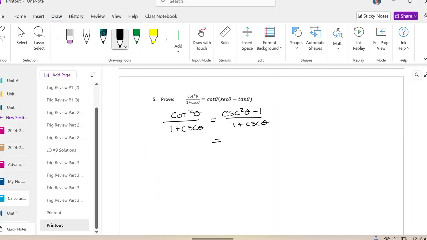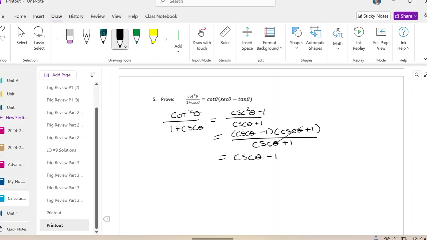When you factor cosecant squared minus 1, well, let's do it this way. Okay, so here we can factor, and we get cosecant minus 1, cosecant plus 1, because it's a difference of two squares. And then the cosecant plus 1s cancel out, so you're left with cosecant minus 1.